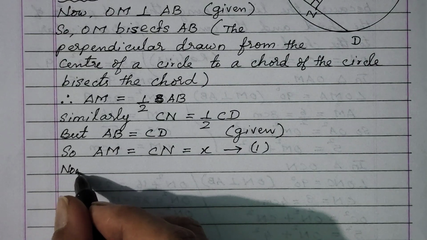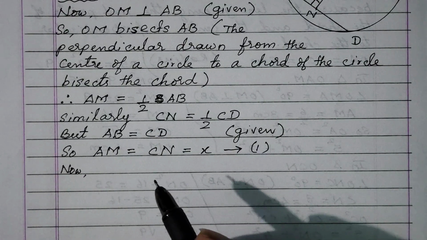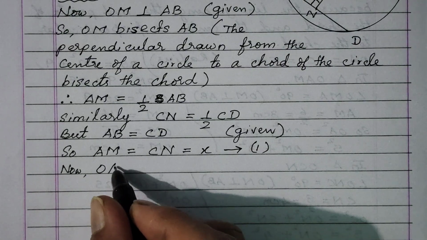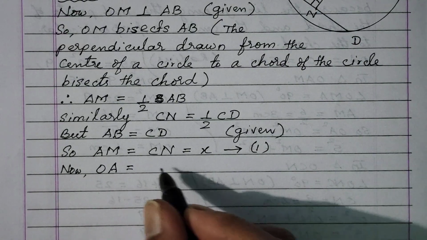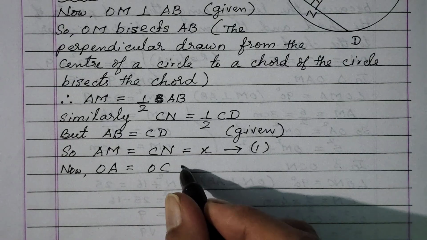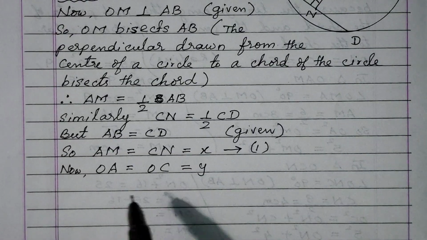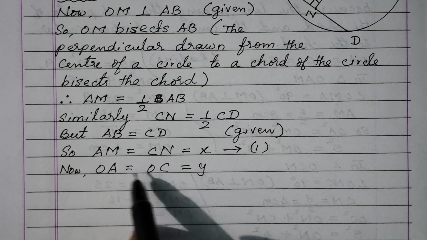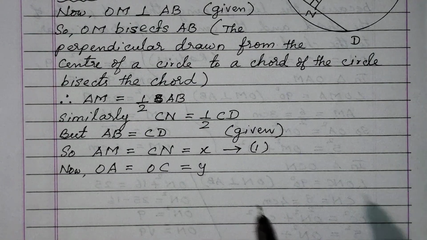Now OA equal to OC equal to Y. Why they are equal? Because they are radii of the circle.